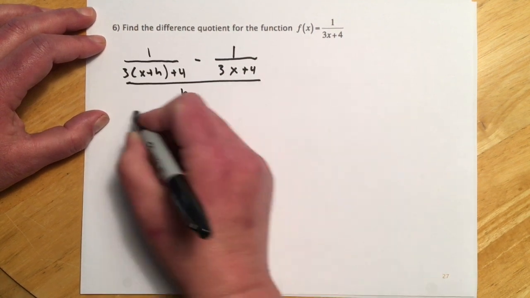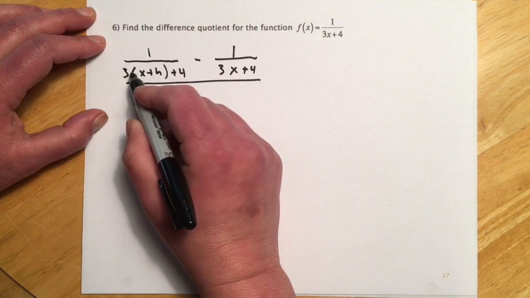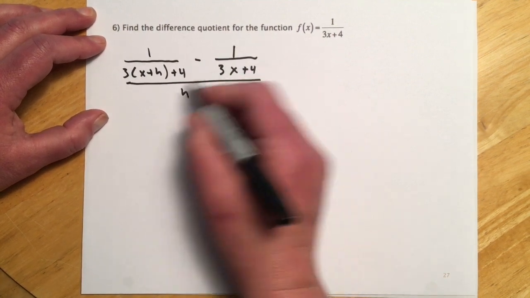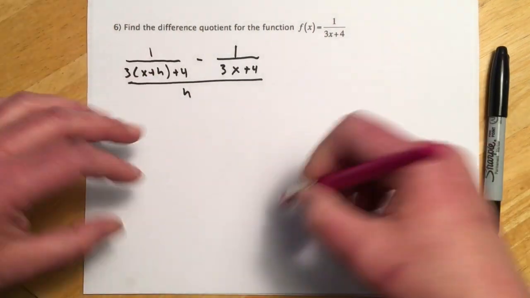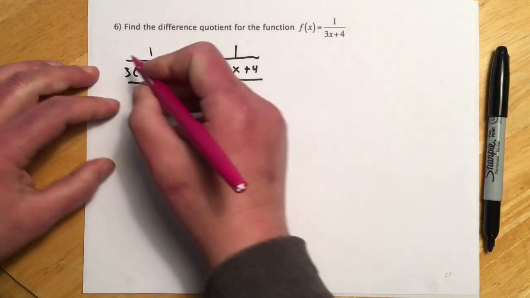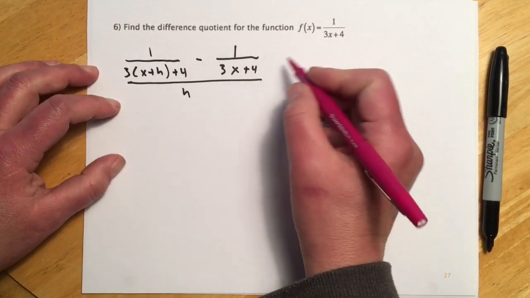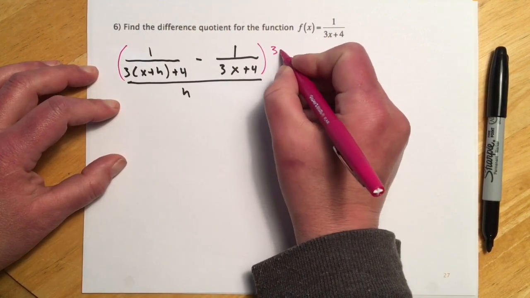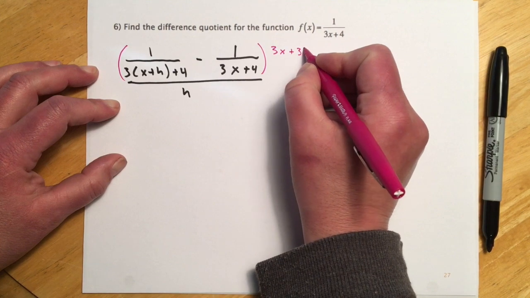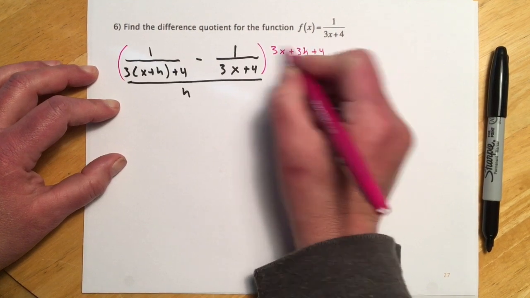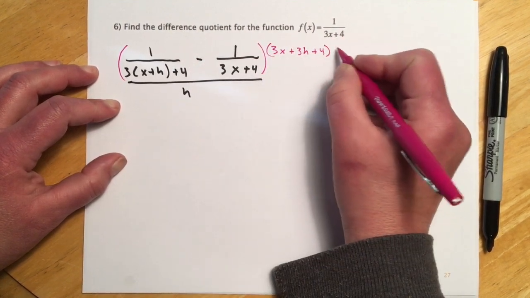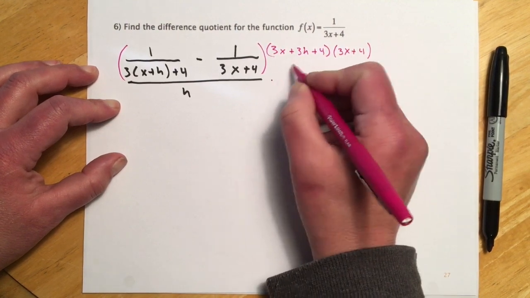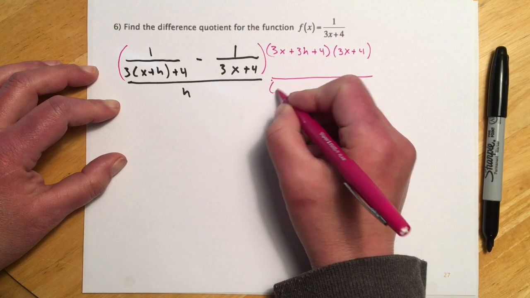And then I'm not going to rewrite this piece because I'm going to run out of room on the paper. But you can see it's going to be 3x plus 3h. So as I clear my fractions, I'm just going to write it that way. So this and that are the same. And that's all over the same stuff.